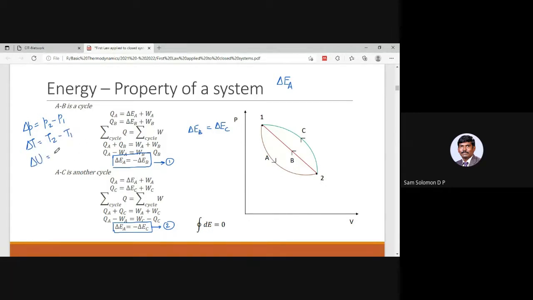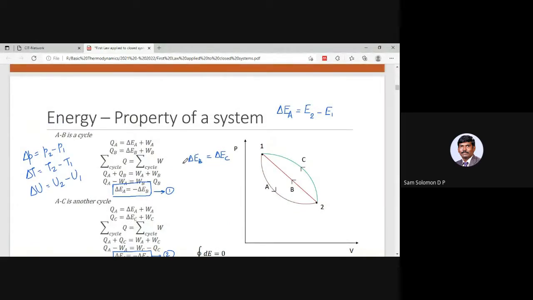Delta U, U2 minus U1, the internal energy at state point 2 minus internal energy at state point 1. So here, delta EA, the path A takes you from 1 to 2, so it is E2 minus E1.